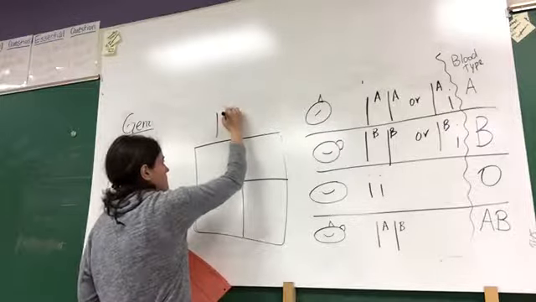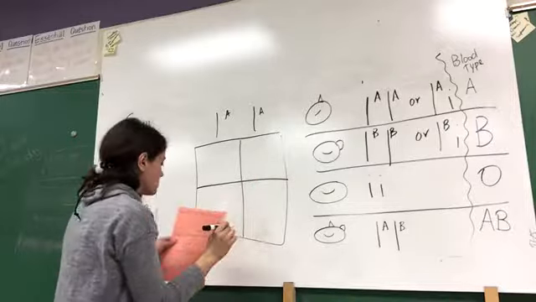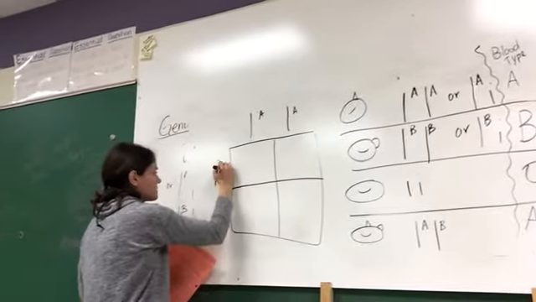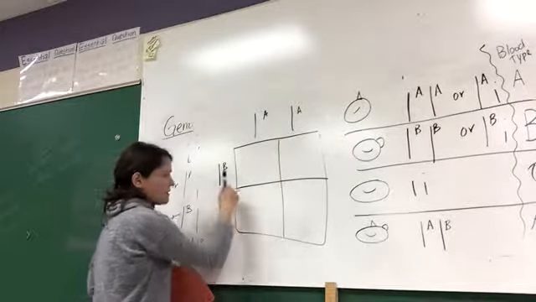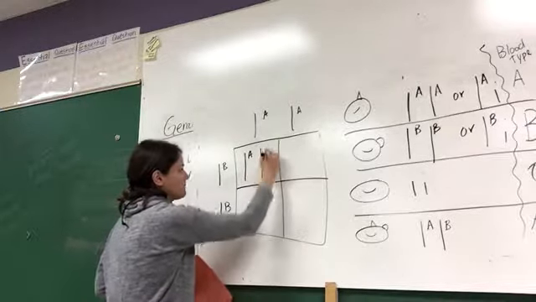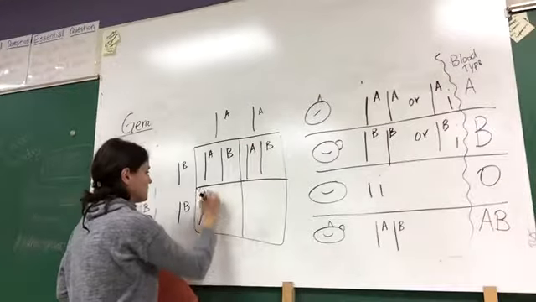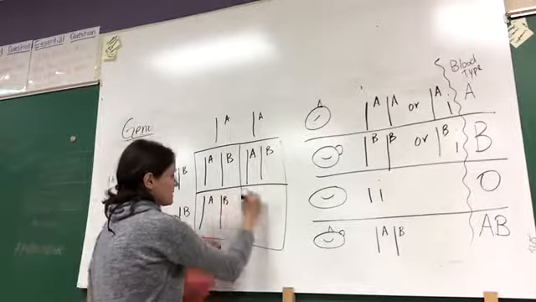This is dad, blood type A homozygous. Mom is blood type B homozygous. So now I fill in all the possibilities. A, B, A. So they're all going to be the same if you end up filling this out.